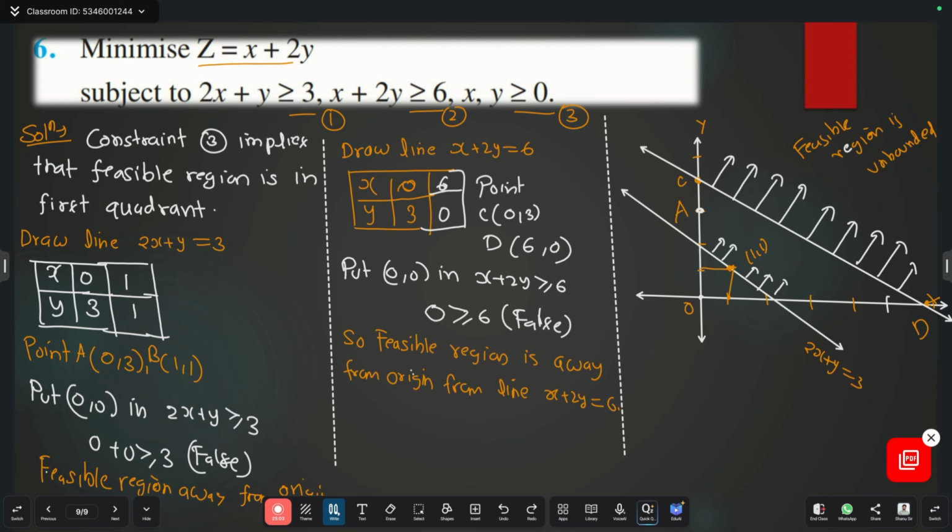0, 3, 1, 1 correct. Now first 0, 3, after that 1. X value 0, y value 3, and here x value 0.